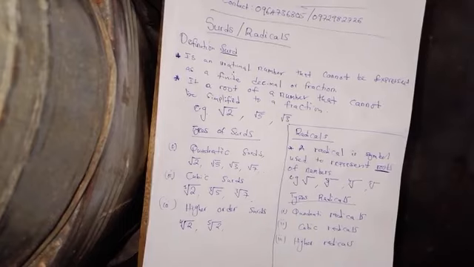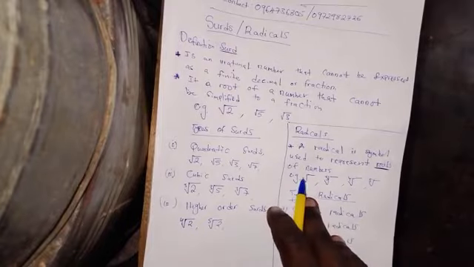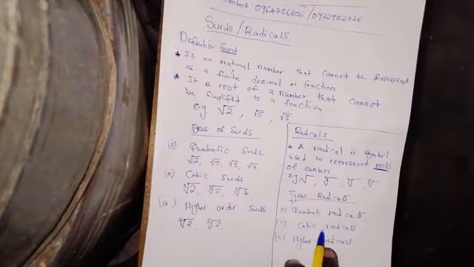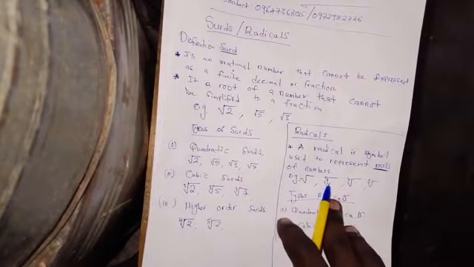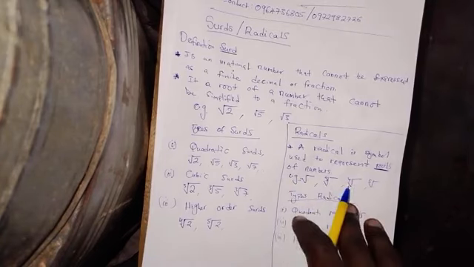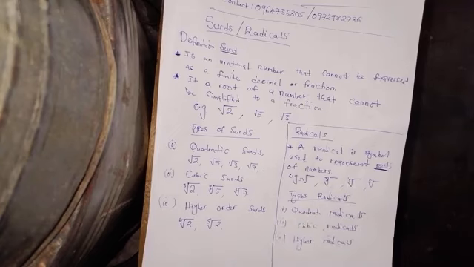Quadratic radicals are radicals with the order of 2, the power of 2. Cubic radicals are radicals with the power of 3. And higher order radicals are radicals with a power greater than 3. That's the concept we have to understand when it comes to radicals and surds.